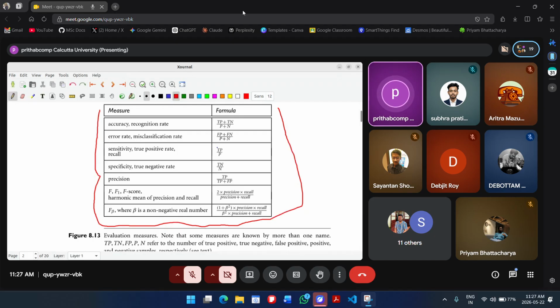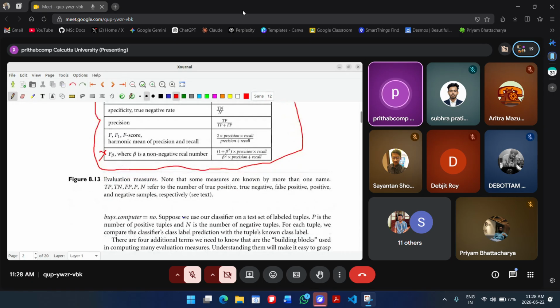It's some kind of harmonic mean of precision and recall with the same weightage. So that is why you see that it is 2 into precision into recall divided by precision plus recall. Okay, so there is another, this beta, where instead of 2 you can have different weights for precision and recall. So I'm not going into this detail. We can be happy with this F score.